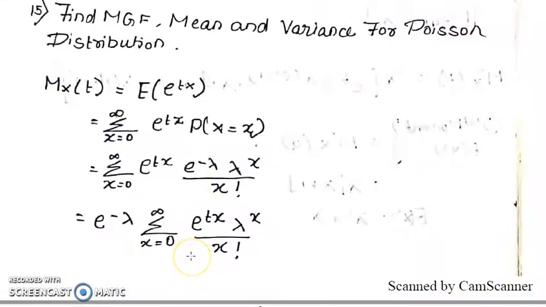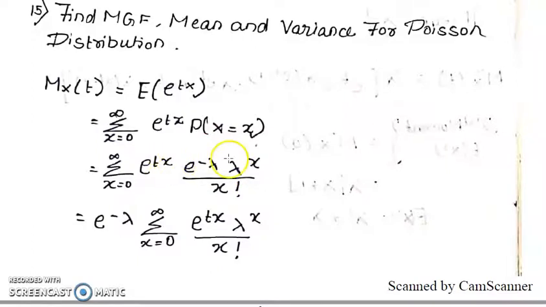Now find the moment generating function, mean and variance for Poisson distribution. The moment generating function formula is the expectation of e power tx. This is also the discrete case, so use the summation form, x running from 0 to infinity, of e power tx into p of x. Apply the distribution function for Poisson distribution here: e power minus lambda lambda power x by x factorial.